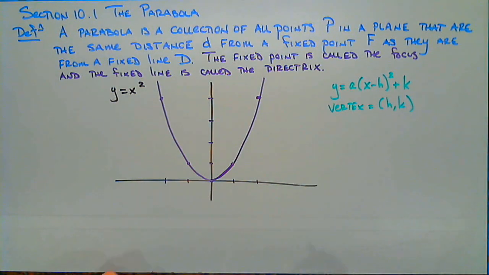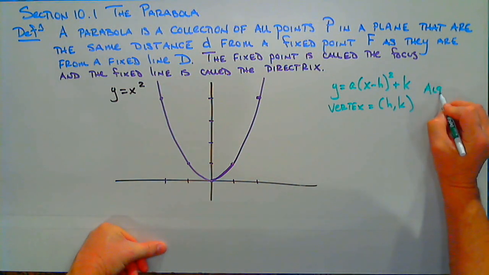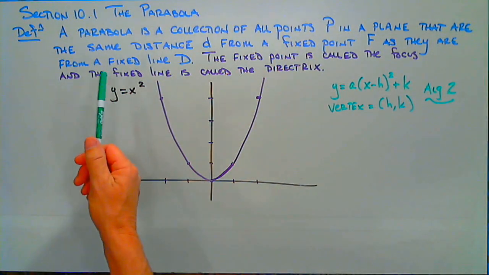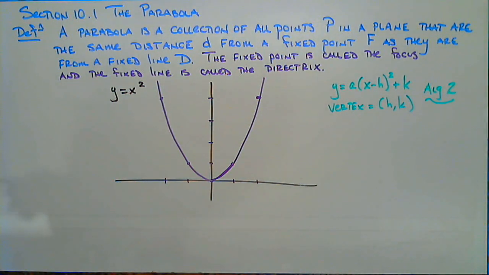Our Algebra 2 approach was all about the vertex and a. Well, our approach in pre-calc is not about the vertex and it's not about a. It's about the focus and the directrix.